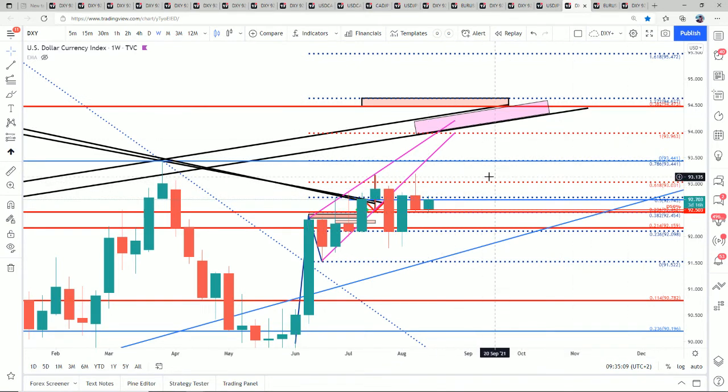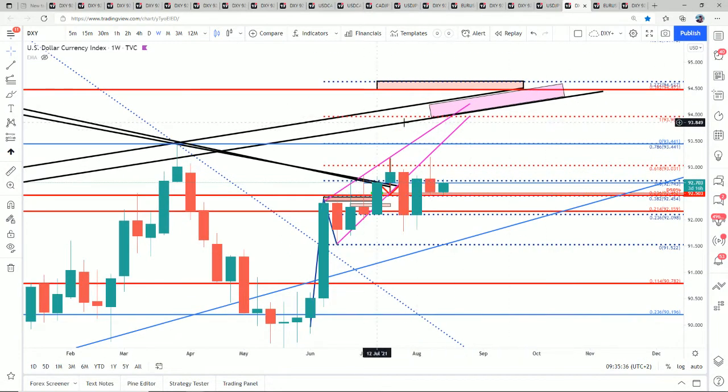Anyway, as soon as we close clearly on a weekly base, close and open above the 61.8 here, the next step will be automatically this one. At the same time, we would have closed and opened nicely above the 236 fib, which is posting as a next step this 38.2 fib at 94.45.